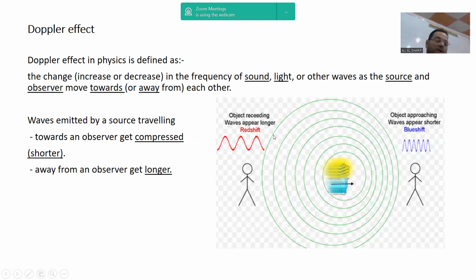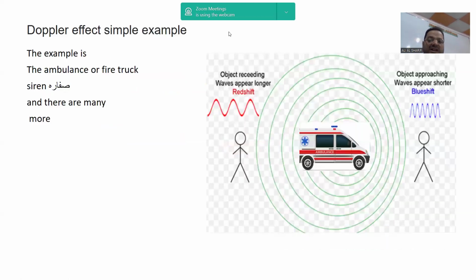By that, the sound power will decrease. Here is an example, the ambulance siren or fire truck siren, and there are many more. Here is the source, and we have an observer at the right and at the left. The same situation with all of these. Here the sound power will increase, here it will decrease according to the distance between the observer and the ambulance.